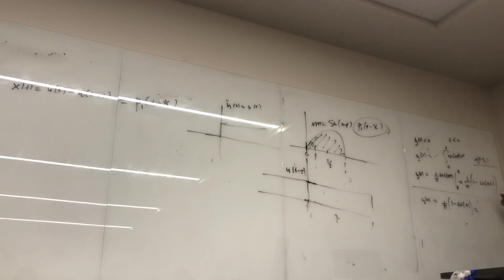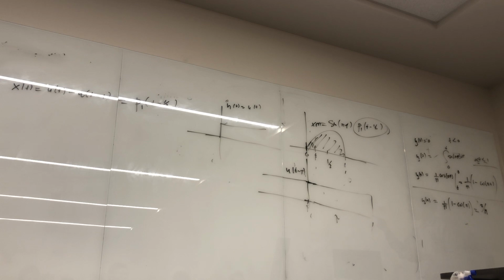Y'all follow me? I replace t with 1 here, correct? What is the cosine of pi? Minus 1, isn't it? Cosine of 0 is 1, cosine of pi is minus 1. Well, 1 minus a minus 1 is 1 plus 1, or 2. It's 2 over pi. And that's what it stays at. Everybody see that, class?